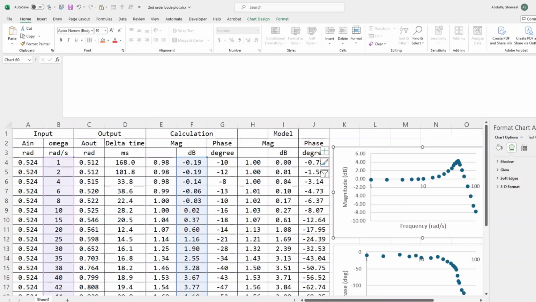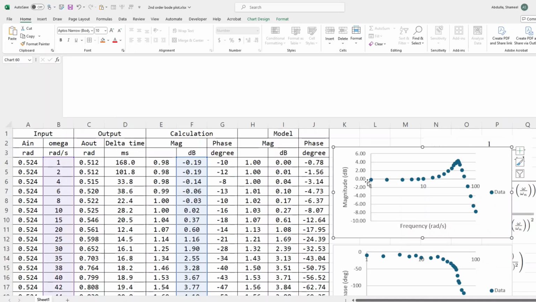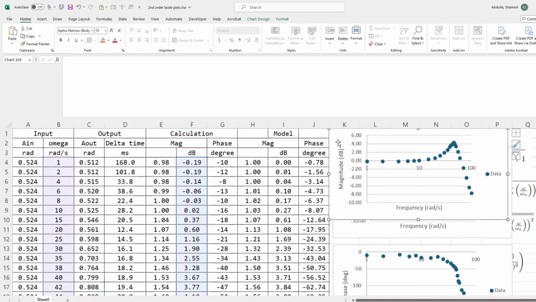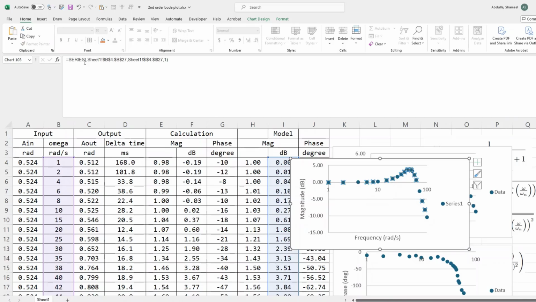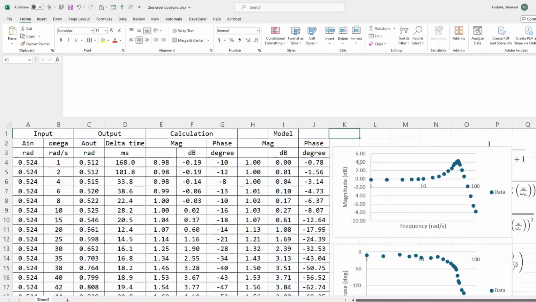Now let's plot the model on top of the data that we have. One trick I use is to make copies of your plots. You can move this into the model, then take the data, cut it, go back here and paste it.